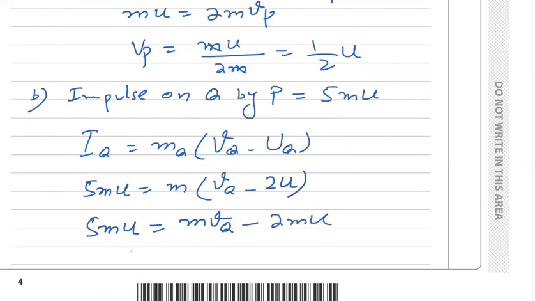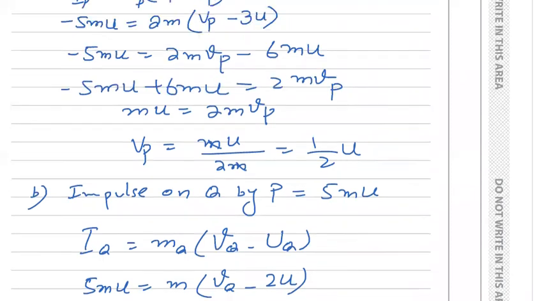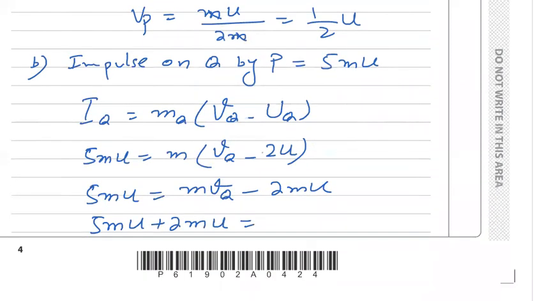Shift it to the other side. It will become 5mu plus 2mu equal to. Sorry, here one more point you have to keep in mind. As the directions are opposite, as given initially in the question, we will take this one as negative.